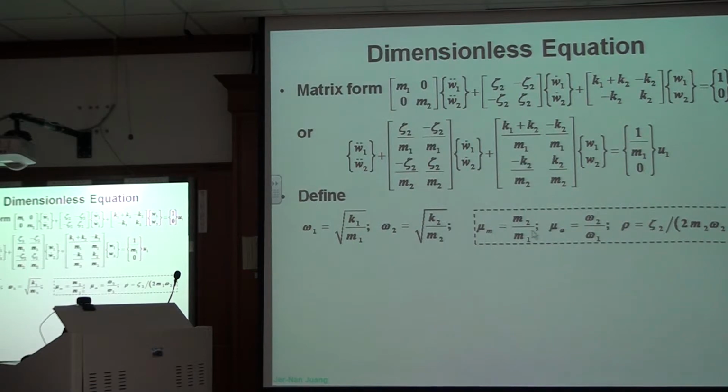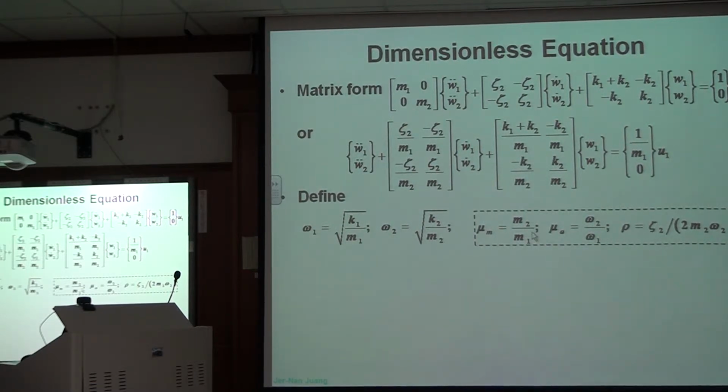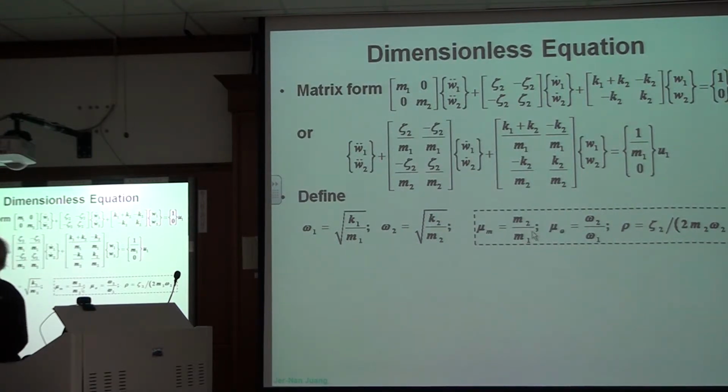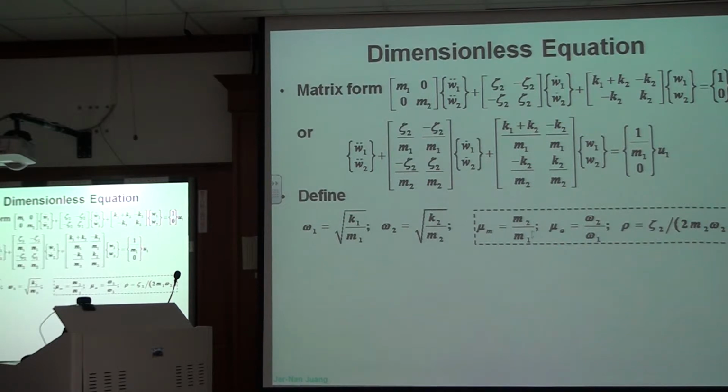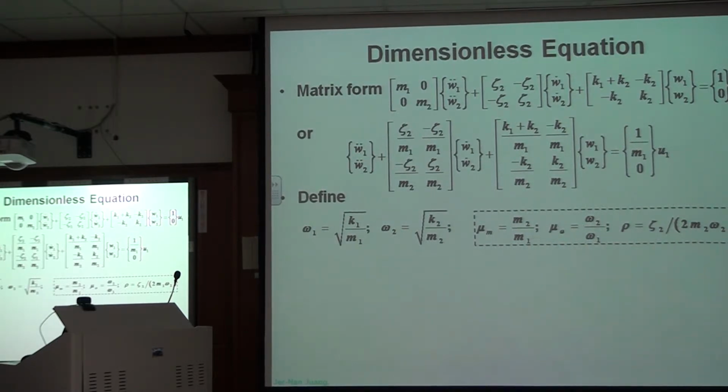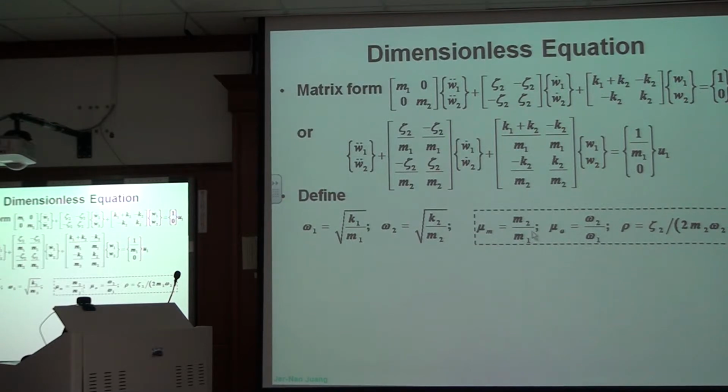And then I define mu omega equal to omega 2 divided by omega 1, a dimensionless parameter. That's the ratio between the TMD frequency and the system frequency. Then I define zeta 2 as the damping coefficient divided by 2 M2 omega 2, and this is all related to the TMD parameters.